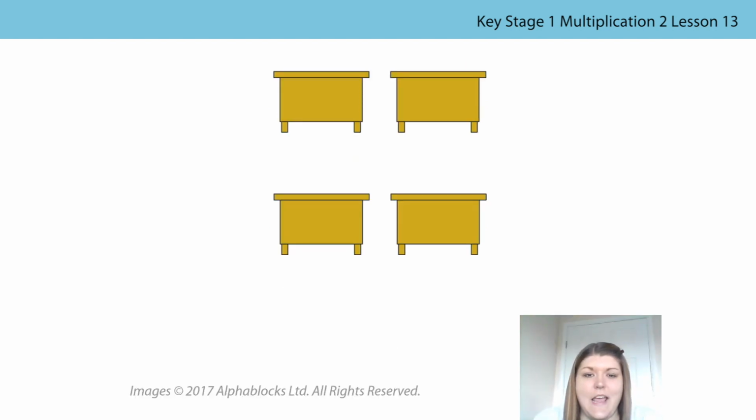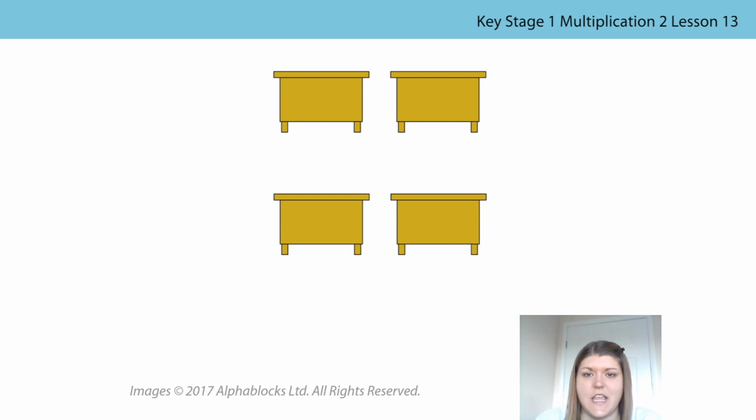Now, let's look at this picture really carefully. Have a think. What is it that you see? Yeah, 4 desks. But hold on a minute. There are no children. So 4 desks. Desk is my group, but there's no children.